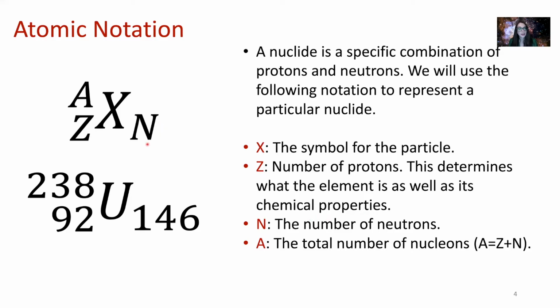N is the number of neutrons of our nuclide. And the number up here that we represent as A is the total number of nucleons. It's going to be your number of protons plus your number of neutrons. So here, for example, we have uranium. This particular nuclide of uranium has 146 neutrons. It's got 92 protons. Then this number here, 238, the total number of nucleons, is our number of protons plus our number of neutrons.